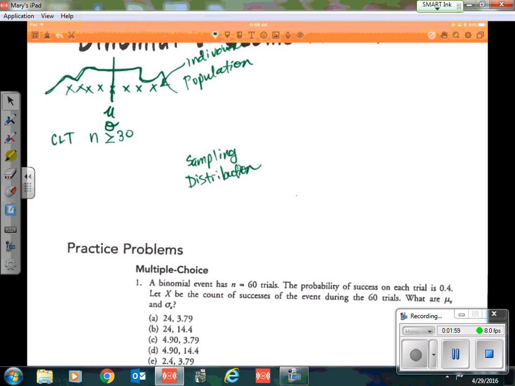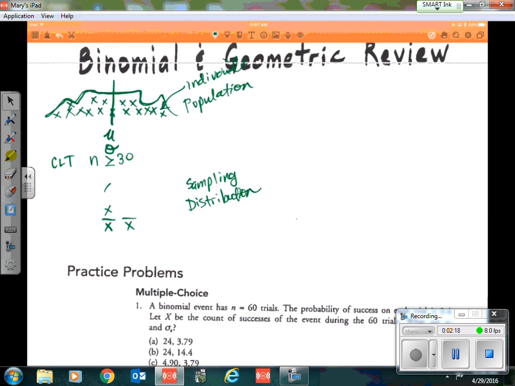Let's say I'm taking samples of size 50. Then I'm going to take 50 of these individuals randomly, and I'm going to average them and drop it down, and there's the average. I'm going to do that again. Take another sample of 50 and bring that average and put it down. So the sampling distribution, regardless of the shape of the population, will come out being approximately normal.